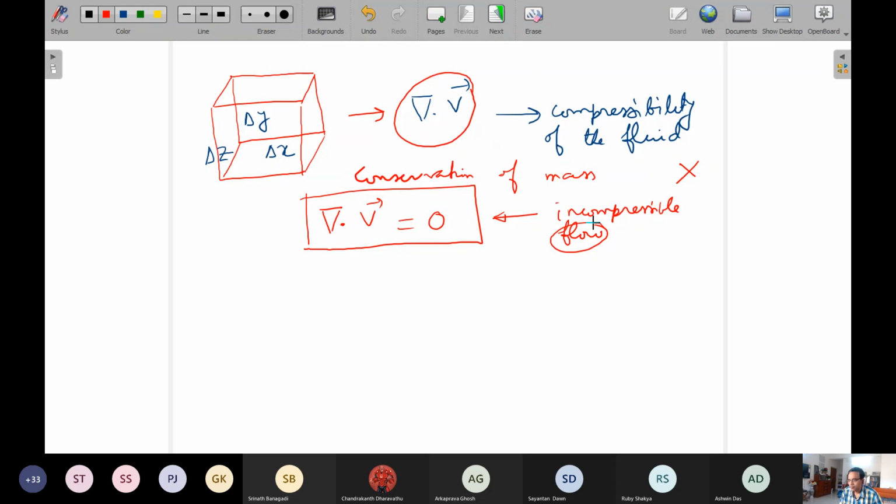So in that way, this is very striking, and most of you are familiar with this as the continuity equation for incompressible flow.